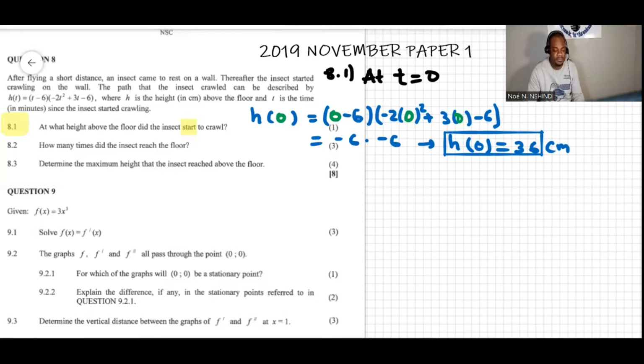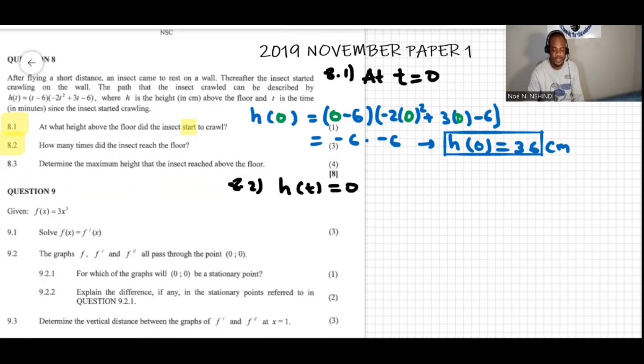The height is expressed in centimeters, as we can see there. And then the following question, question 8.2, says, how many times did the insect reach the floor? The insect reached the floor when the function h of t is equal to 0.